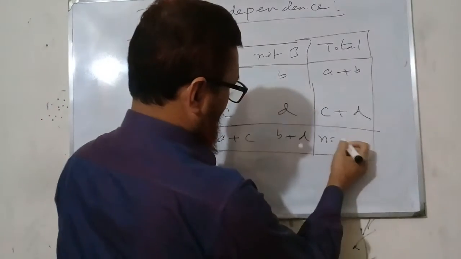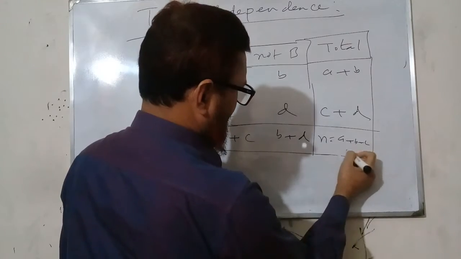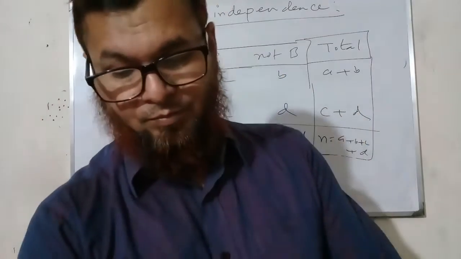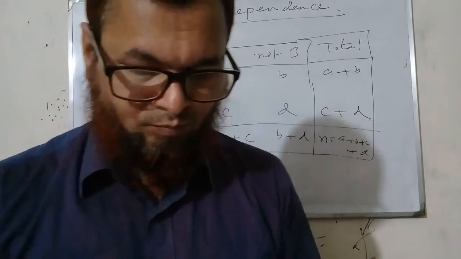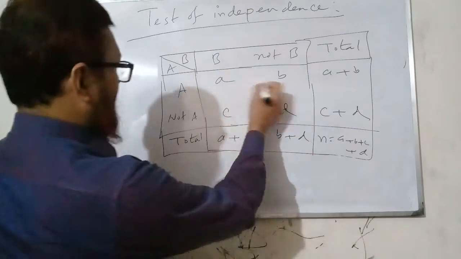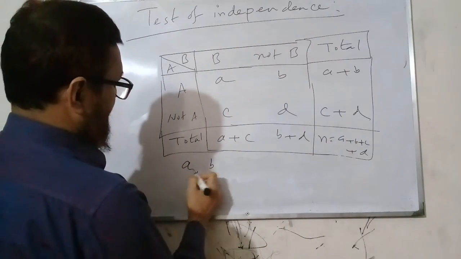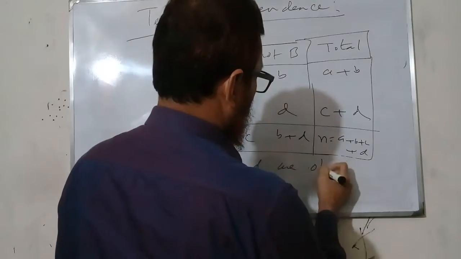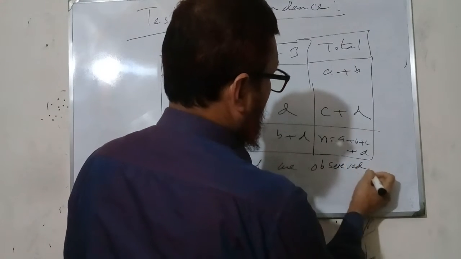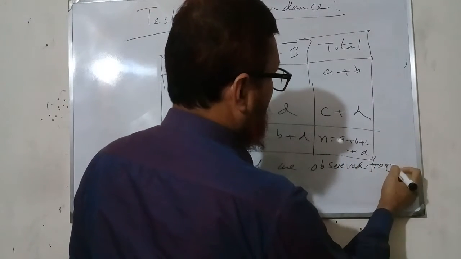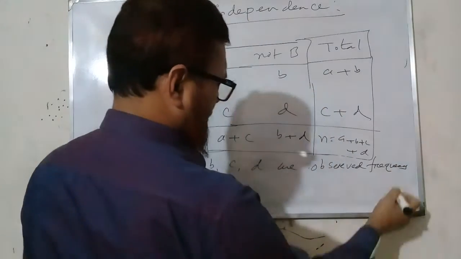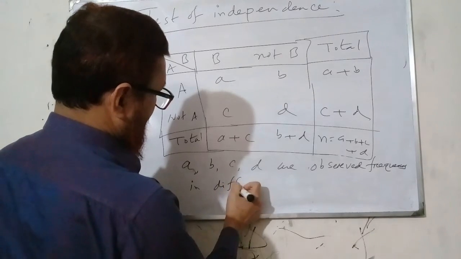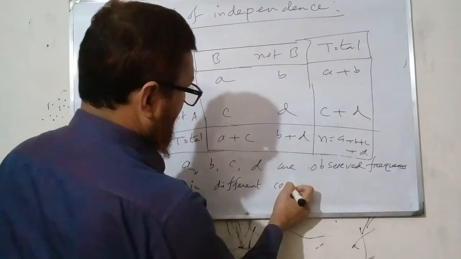That is, N equal to a plus b plus c plus d. Here a, b, c, d are observed frequencies in different cells.